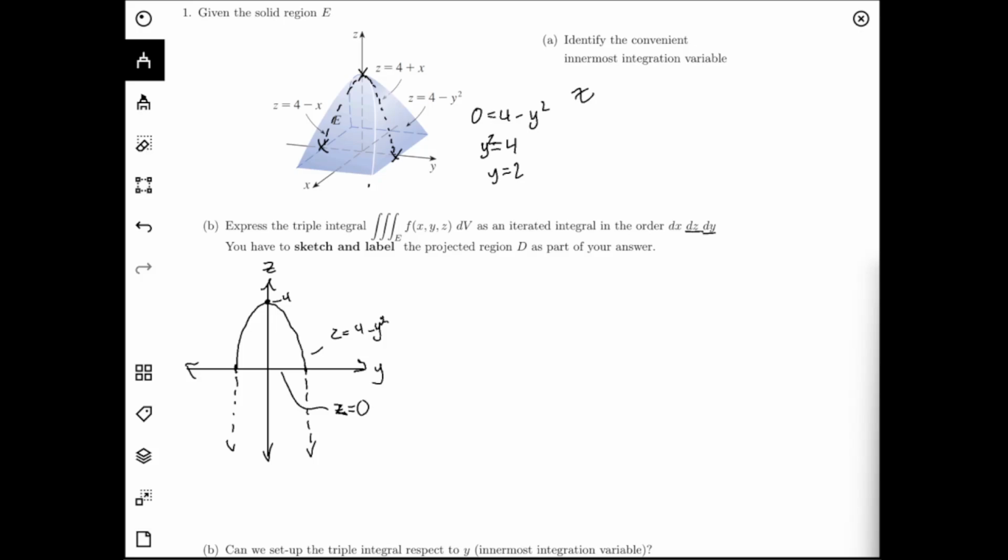Okay, and it's okay that we have z as a function of another variable, because z is not our outermost variable. Our outermost variable is y, and let's look at the bounds for y. They look like y equals -2, because this was -2, this was 2, and then y equals 2. Great.